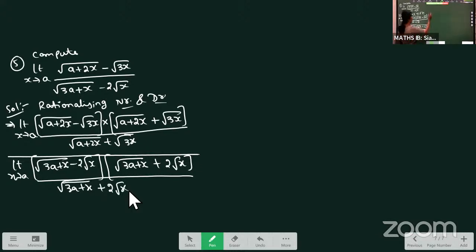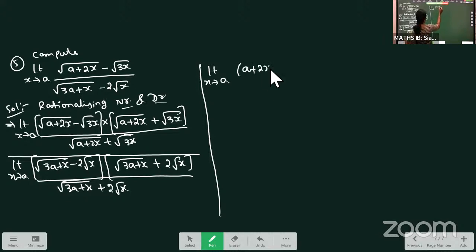Now slowly simplify. Limit x tends to a. Numerator is in the form of (a + b) into (a − b). So a square: √(a + 2x) whole square, the root will go, so it is a + 2x, minus b square: √(3x) into √(3x) is 3x.